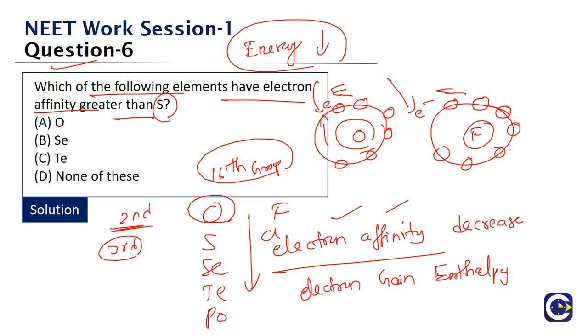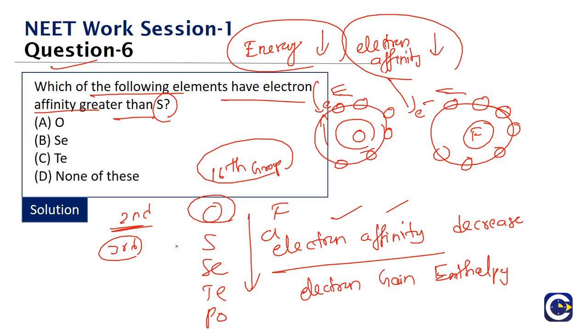As a result, the amount of energy released will be lowered. Less energy released means the electron affinity values will also be lesser, in fact lesser than the third period elements. This is what we call the second period anomaly in electron affinity values. It happens because of the exceptionally small size of oxygen and fluorine, where the incoming electron is repelled by the existing electrons.